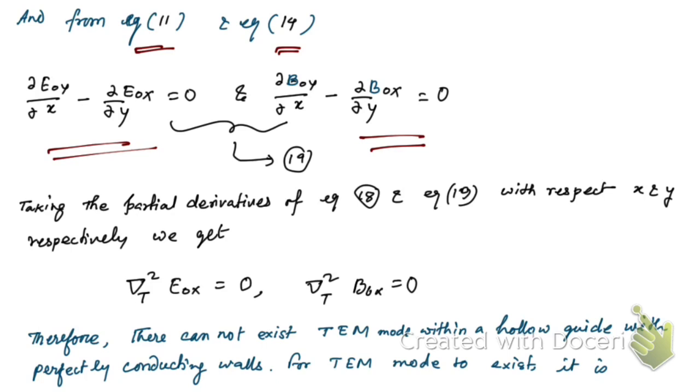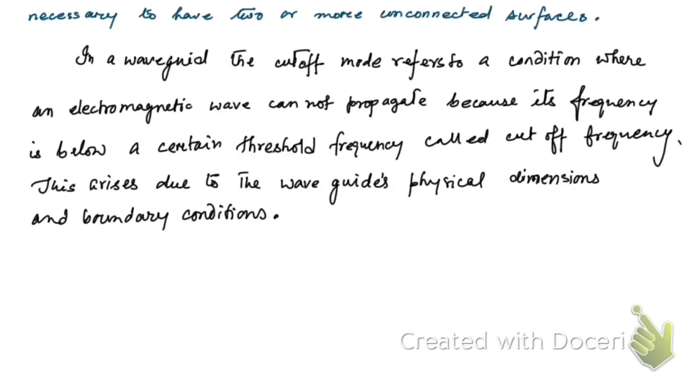So taking partial derivatives of 18 and 19 with respect to x and y respectively, we get these two results, which show that there cannot exist a transverse electromagnetic mode within a hollow guide with perfectly conducting walls, and for a transverse electromagnetic mode to exist, it is necessary to have 2 or more connected surfaces. That is the conclusion that we have got.